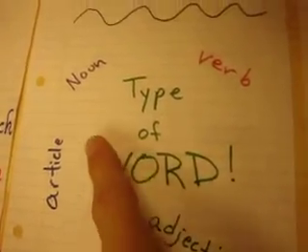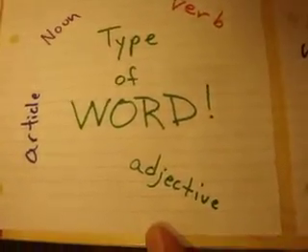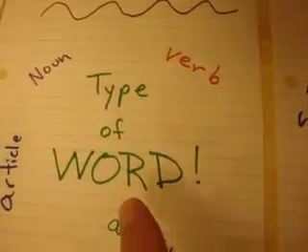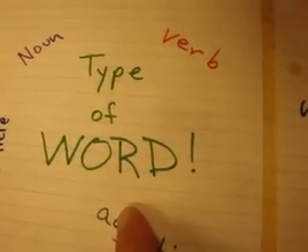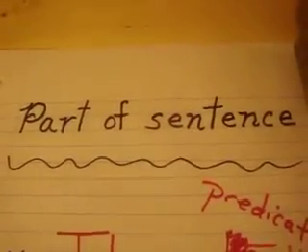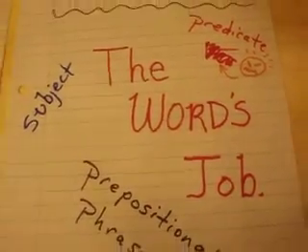Is it an article, noun, verb, adjective, preposition? So when you hear part of speech, you are going to think, what type of word? The other function is the part of sentence. The part of sentence is the word's job, or what it does.